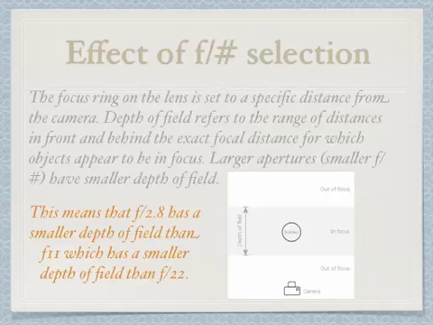Depth of field refers to the range of distances in front and behind the exact focal distance for which the objects appear to be in focus. Large apertures, that is, smaller f-numbers, have smaller depths of field. So this means, for example, that f2.8 has a smaller depth of field than f11, which has a smaller depth of field than f22.